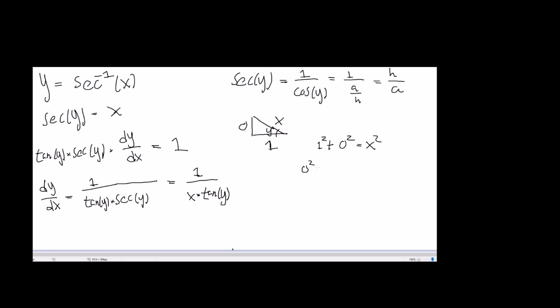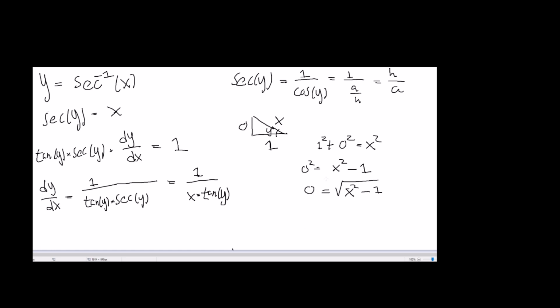And o squared is equal to x squared minus 1 squared, and 1 squared is equal to 1. We take the square root of both sides, and we'll see that o is the square root of x squared minus 1.